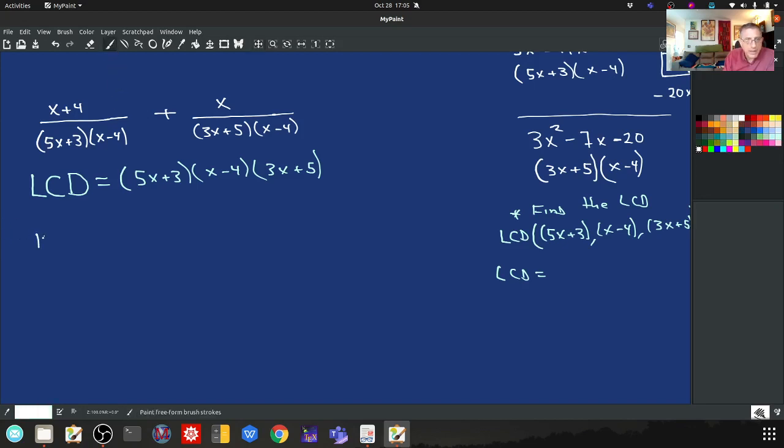I want you to find k1, which is equal to my LCD divided by my first denominator. And I want to find the value of k2, which is also my LCD divided by the denominator.